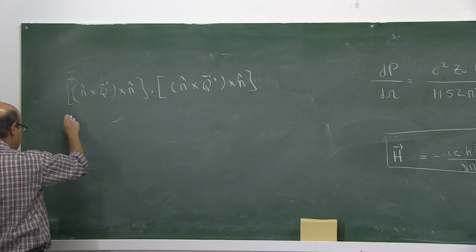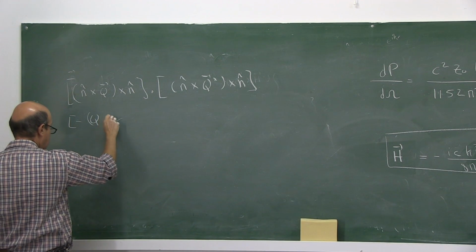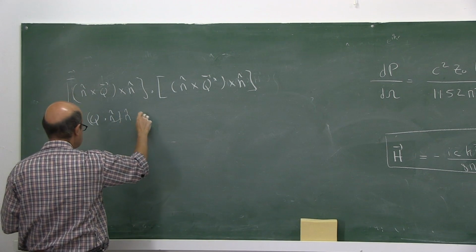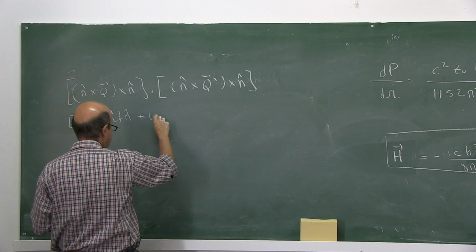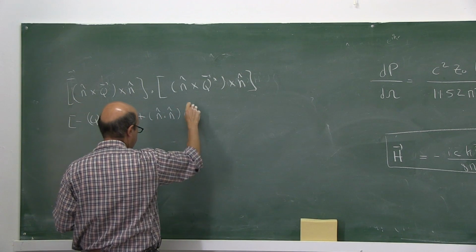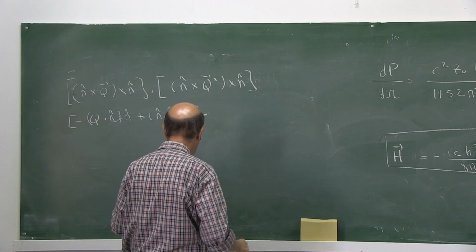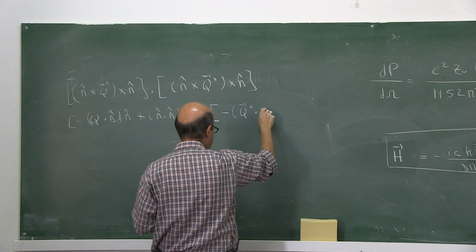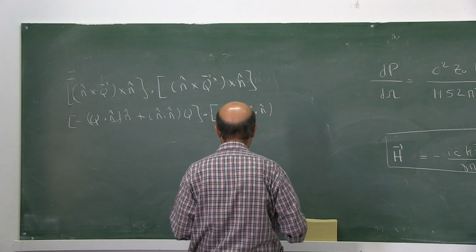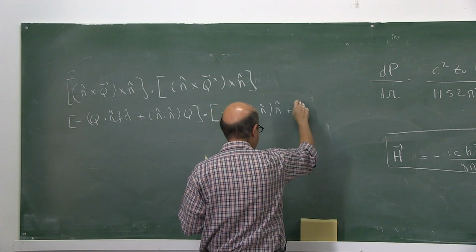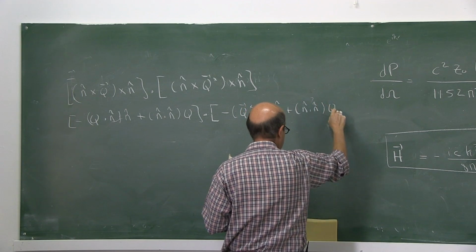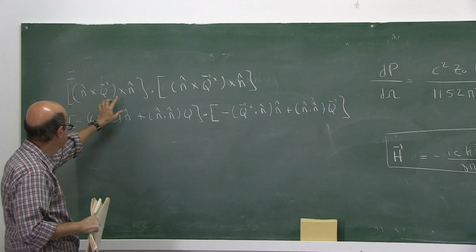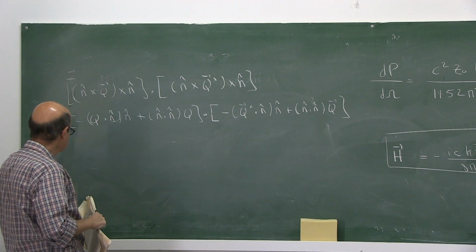If you open this, that is minus Q dot N along N plus N dot N along Q. That product with the complex conjugate will be minus Q complex conjugate dot N along N plus N dot N along Q. So I write the double cross product, take this to the other side.